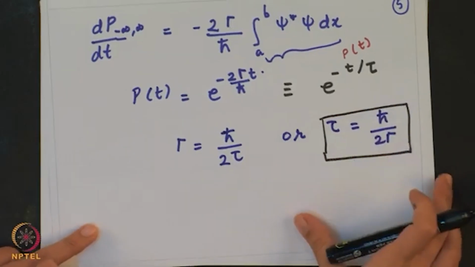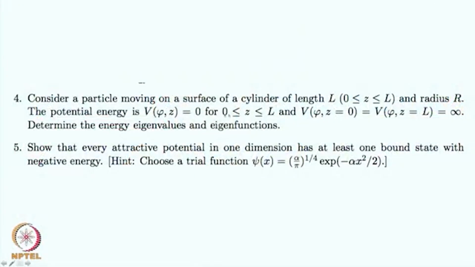Okay. Then we go to the next problem, which says that you have a particle which is moving on the surface of a cylinder of length L. So, along the z direction, z is between 0 and L and r is the radius of the cylinder. The potential energy is given by this.